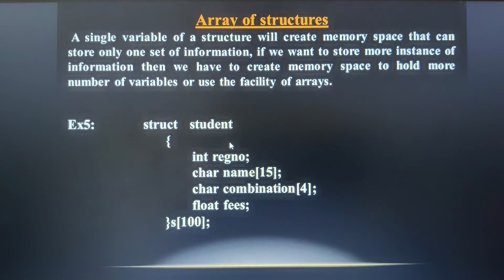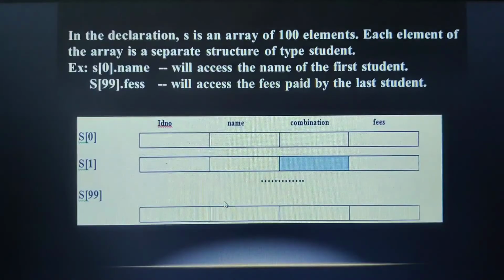In this particular declaration, s is an array of 100 elements, wherein each element of the array is a separate structure of type student. That means what? S of 0 represents the first student, S of 1 represents the second student, S of 2 represents the next student, like this.